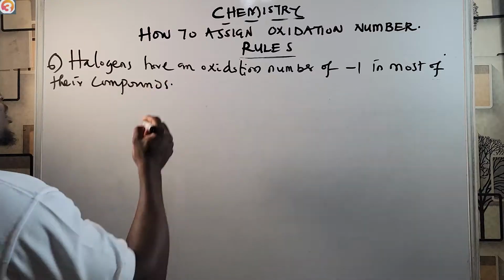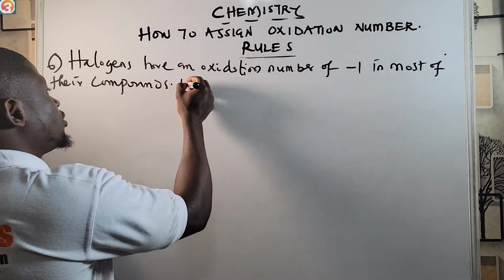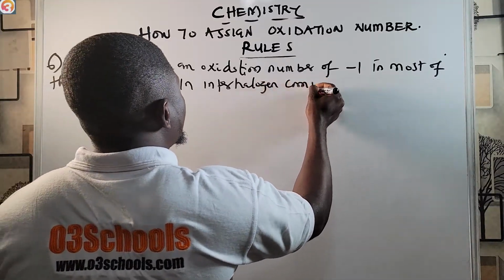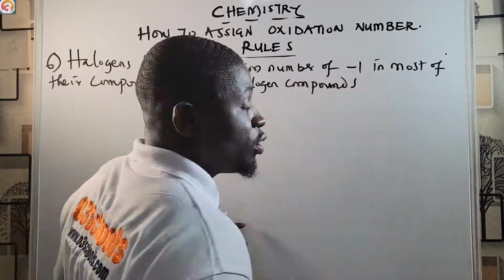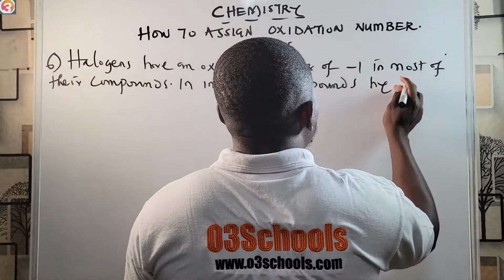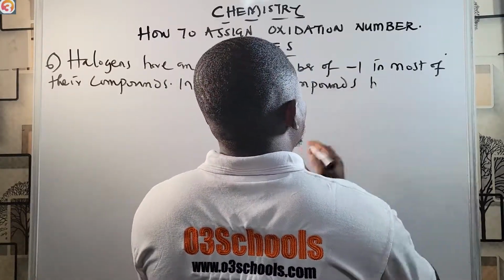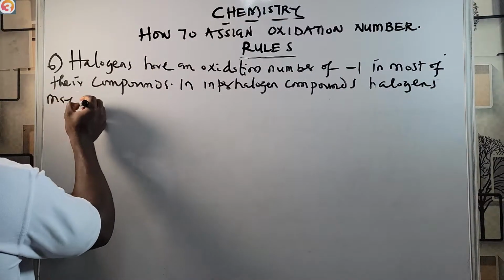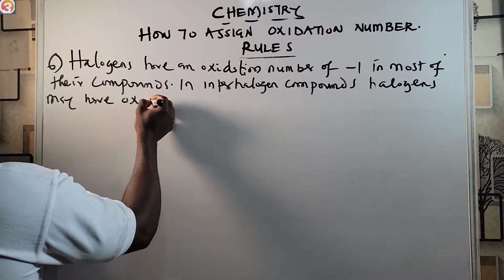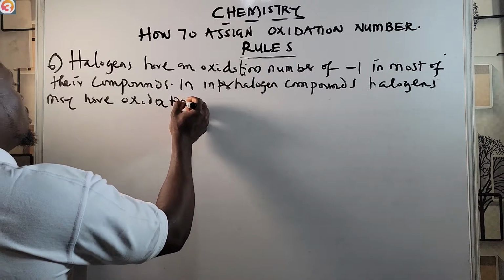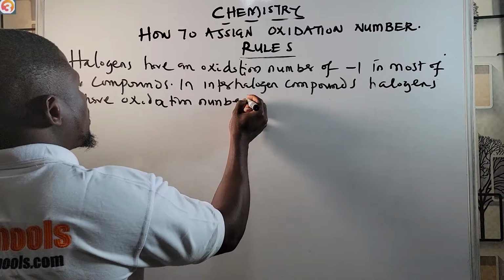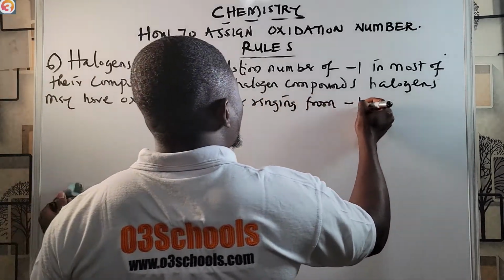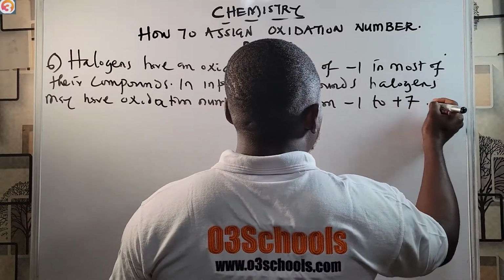But in interhalogen compounds, halogens may have oxidation numbers ranging from minus 1 to plus 7.